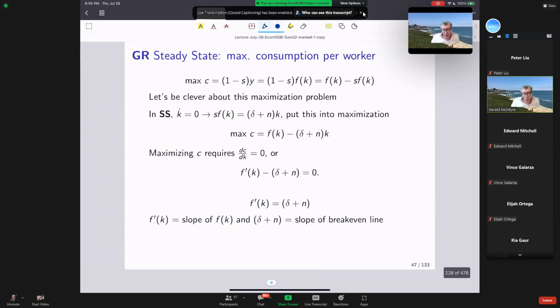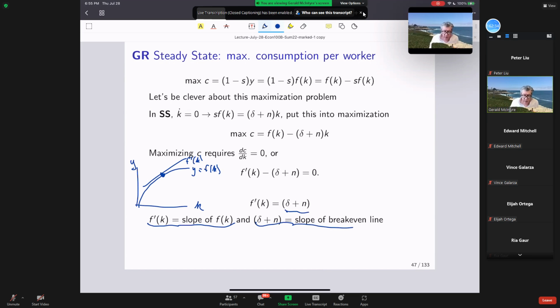A way of interpreting this is we know F prime of K is the slope of the F function. So here's K, here's Y, and here's that F function. That's our favorite shape. This is Y equal to F of K, and the slope is F prime of K. We learned that in calculus. And delta plus N is the slope of the break-even line.